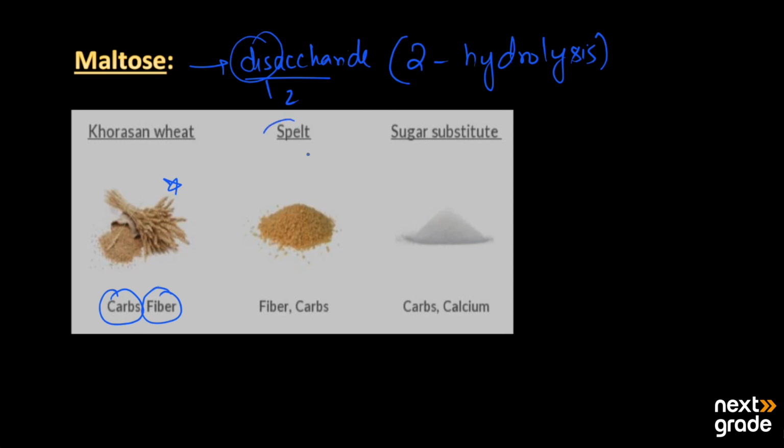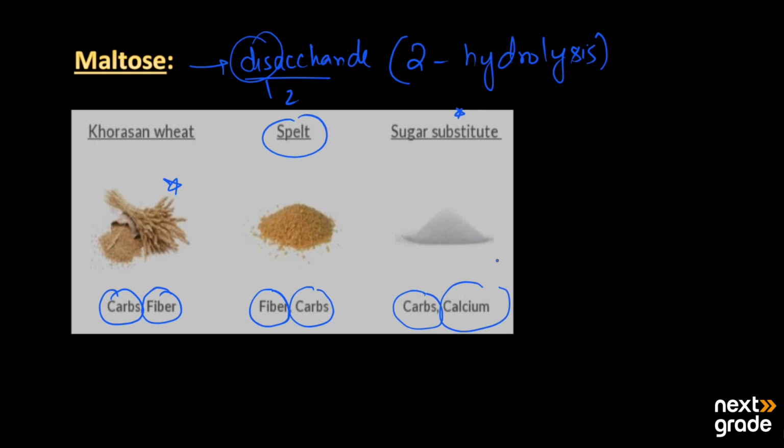Next we have spelt, which is also a fiber for the body and carbohydrates. If we use any sugar substitute instead of glucose or sucrose, it also contains carbohydrates and provides calcium to our body. So this was the simple uses or sources of carbohydrates.